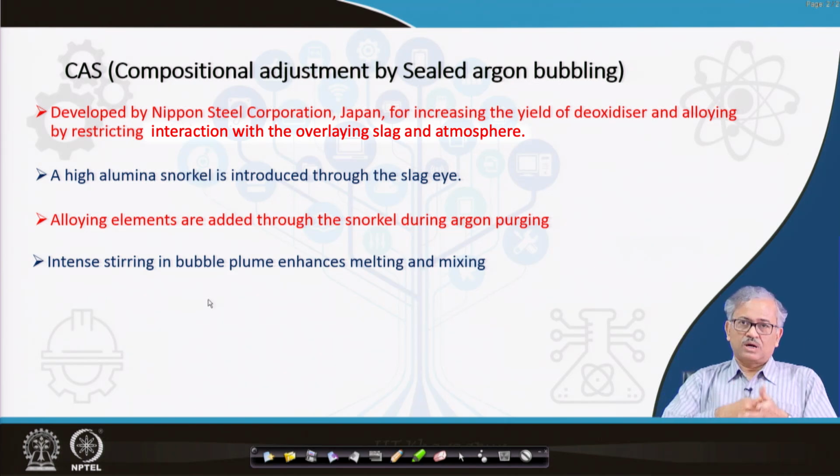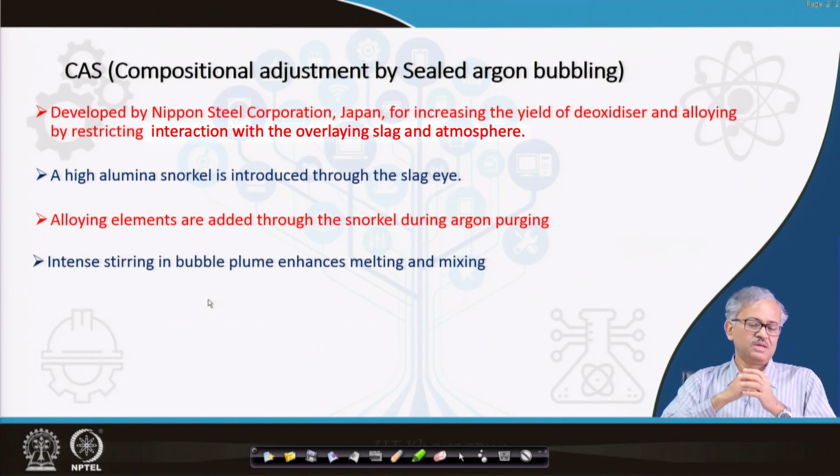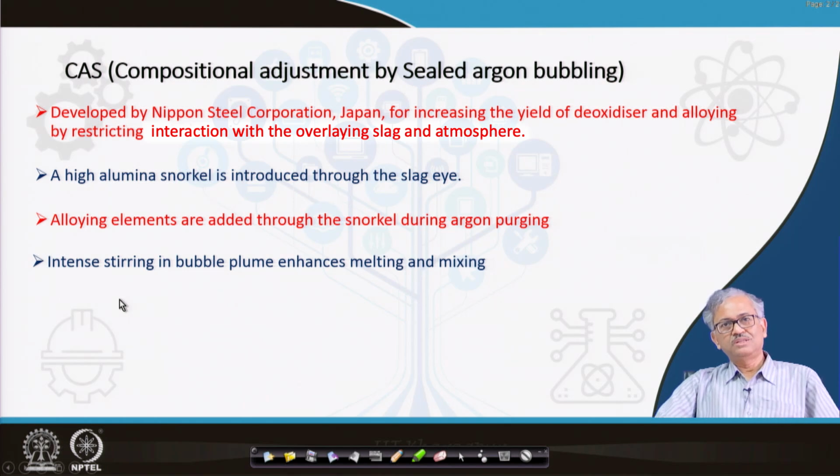When I dip the snorkel over the slag eye and increase the gas velocity, that problem is not there, because it is not exposed to the atmosphere, and the slag will not be able to come into the snorkel. So intense stirring is possible, and because of it you can melt the alloying elements and improve the kinetics. Otherwise, without this top snorkel, you cannot stir the bath intensely.